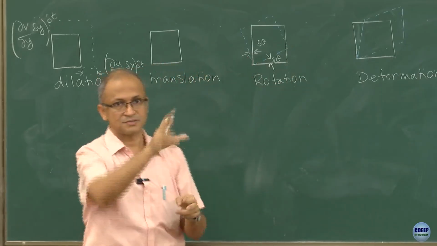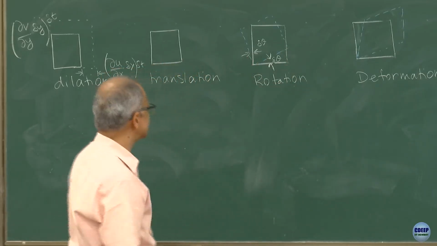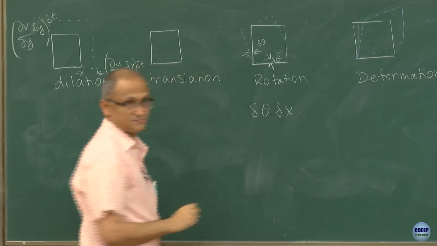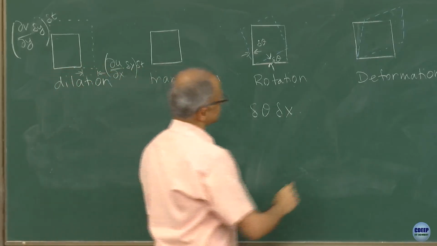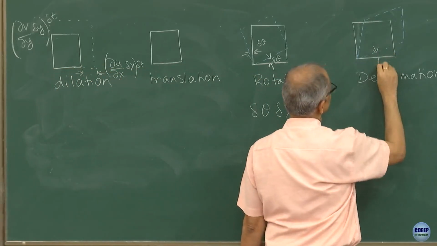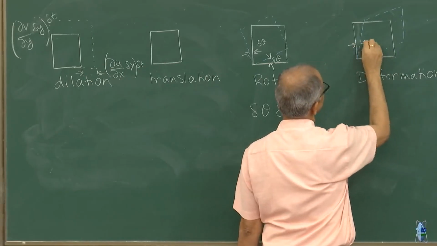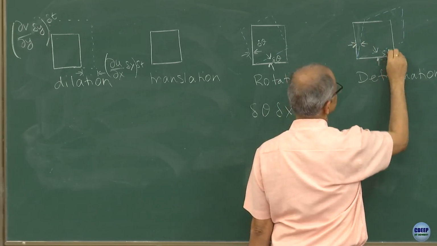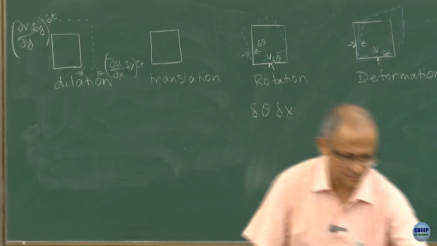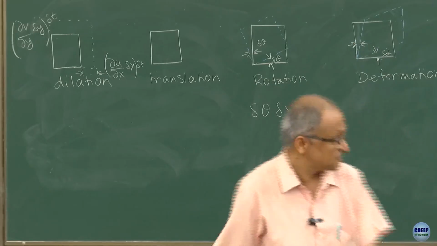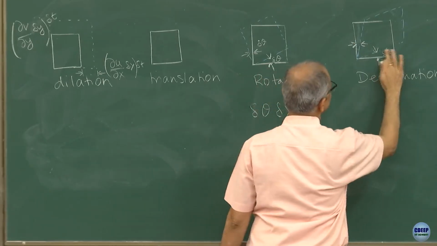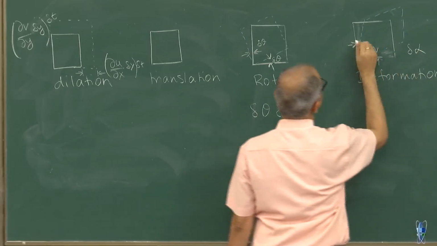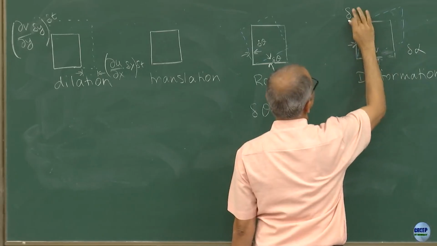So the arc that I would get is delta theta into delta x. And here this is my pure shear. So in pure shear, this is my angle alpha, let us say delta alpha. So this angle is also delta alpha. This angle is also delta alpha.